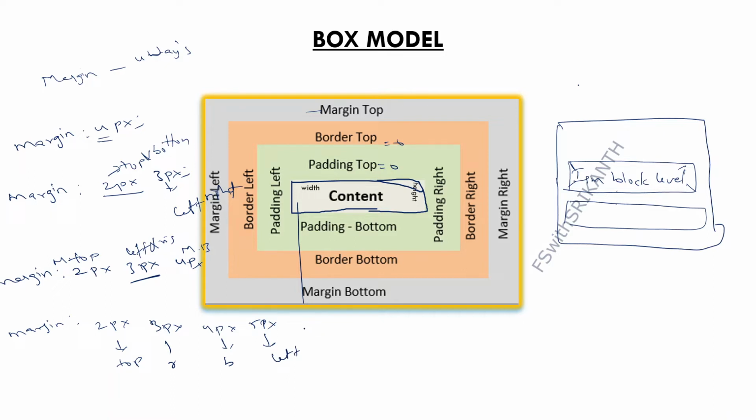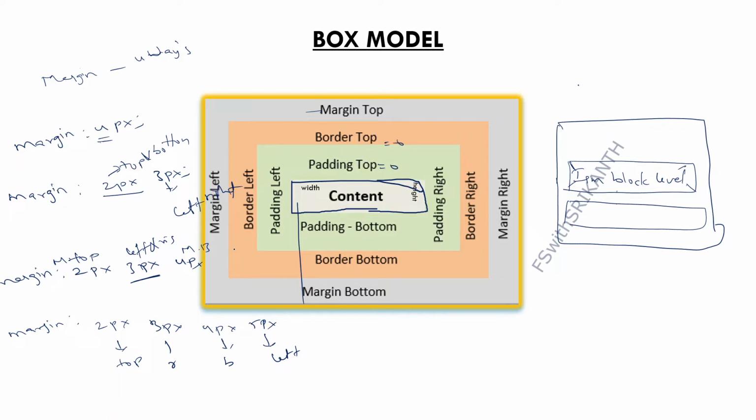So, a single value applies to all 4 sides; 2 values are top and bottom, then left and right; 3 values are top, then left and right, then bottom; and 4 values are top, right, bottom, left. So this is margin.